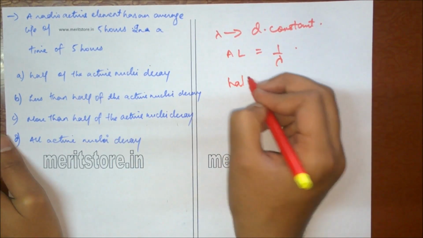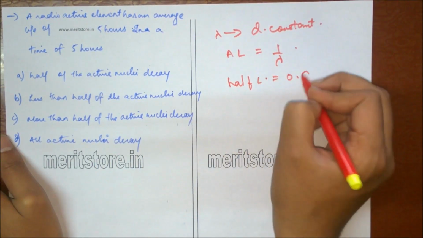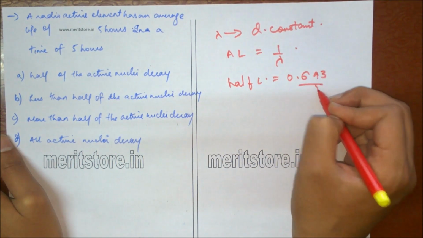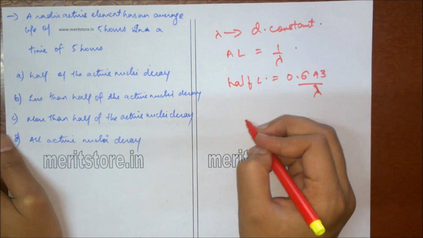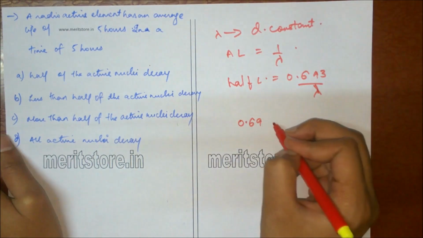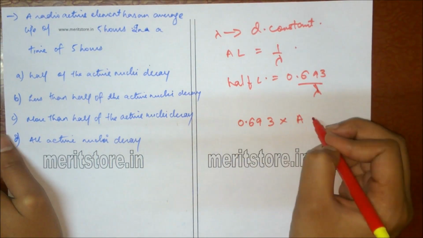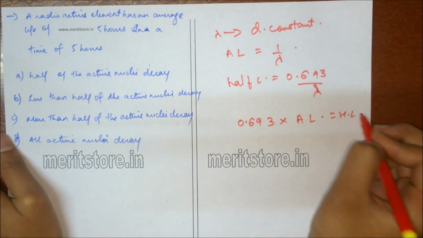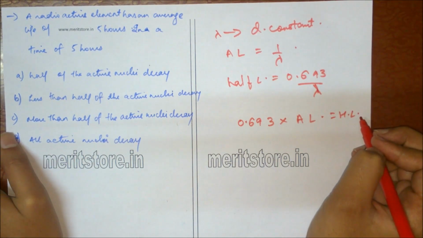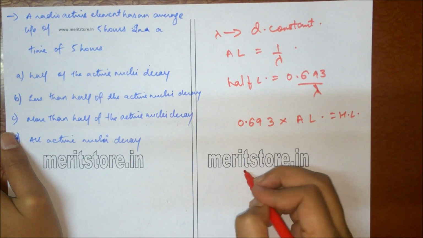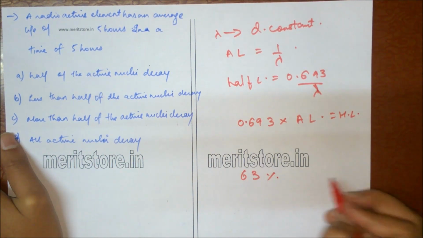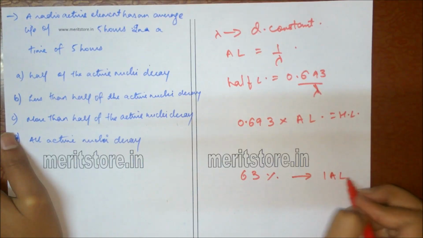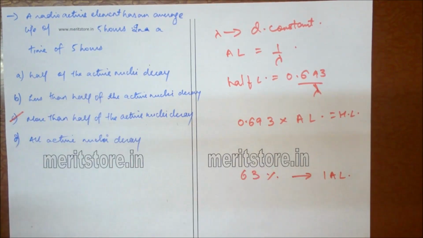So half life is equal to 0.693 upon lambda. So 0.693 into average life is equal to half life. In a single average life, more than 63% of the radioactive element decays. So option C is the correct answer.